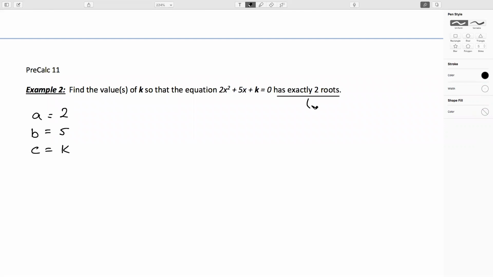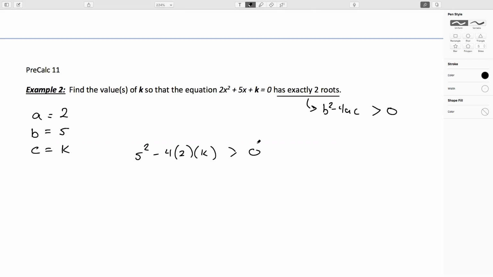And what that actually means is that b squared minus 4ac has to be greater than 0. So if we use that idea, 5 squared minus 4 times 2 times k must be greater than 0, because our discriminant needs to be positive.